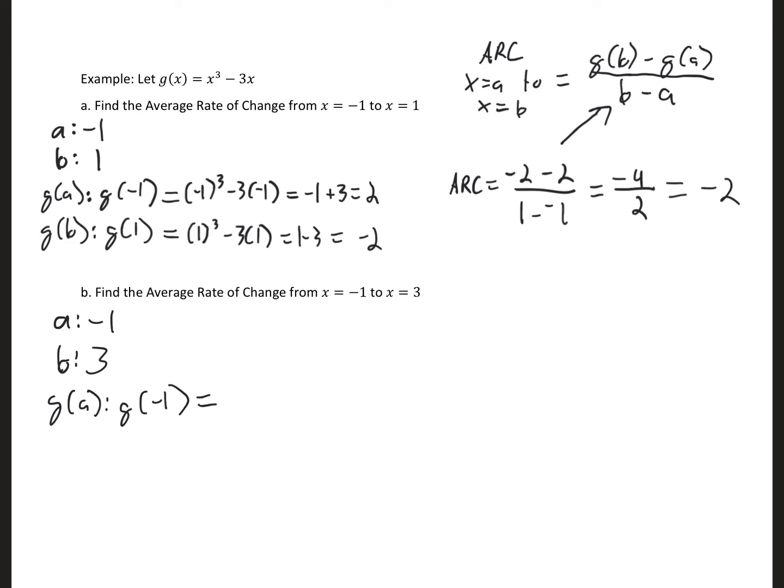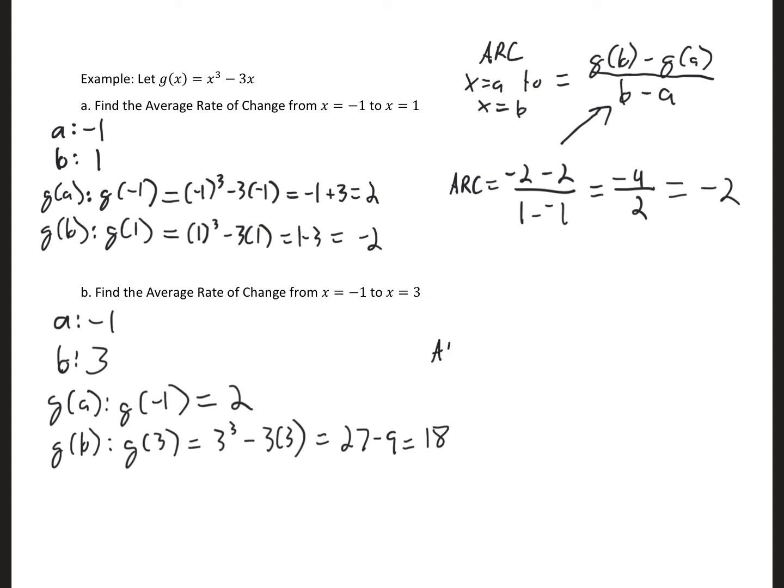And we've already found that in the first part, g of negative 1 we know is 2. g of b, the output value at our ending input value of 3, would be the same thing as g of 3. That is 3 cubed minus 3 times 3, which is 27 minus 9, which is 18.